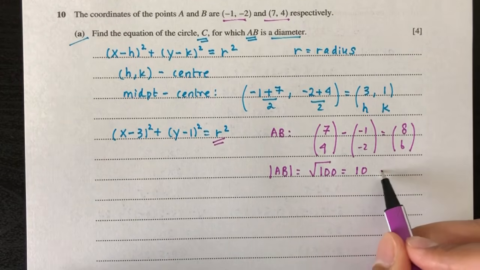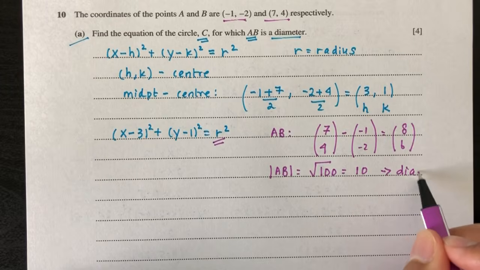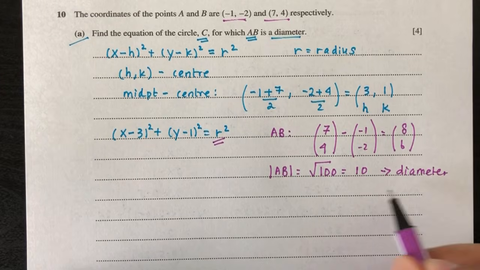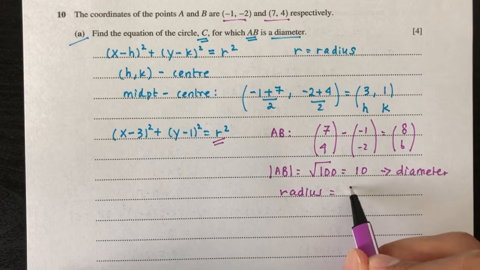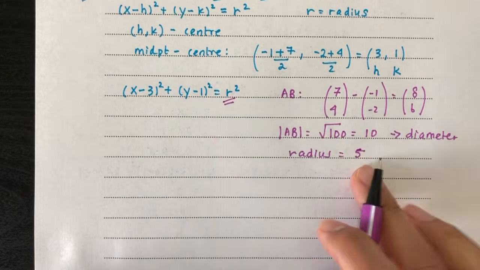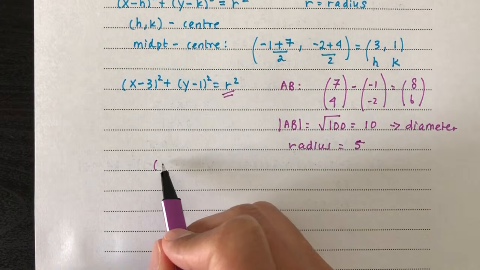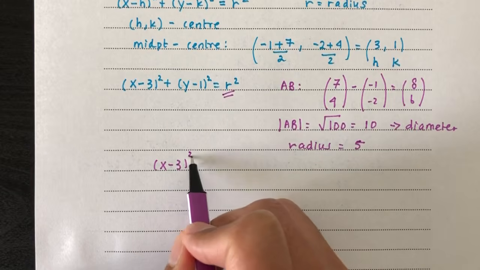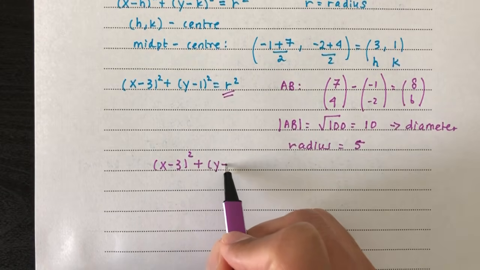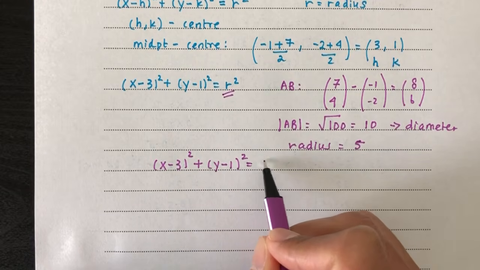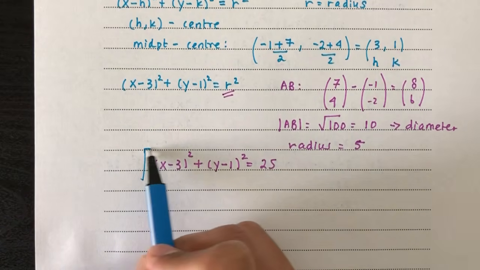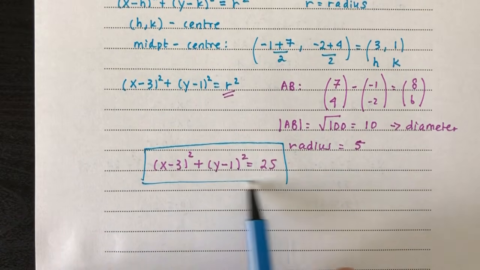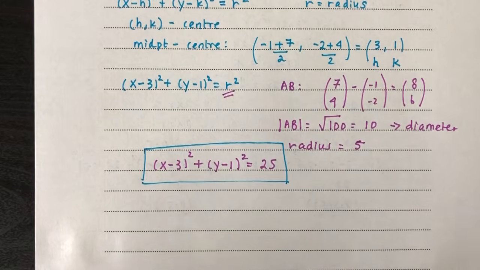Now this is the diameter, of course, so you have to find the radius, which is half the diameter. So radius will be equal to half, which is 5. Replace back in the equation, you will have x minus 3 squared plus y minus 1 squared equal to 25. So this will be your answer for part A, for the equation of the circle for the points A and B.